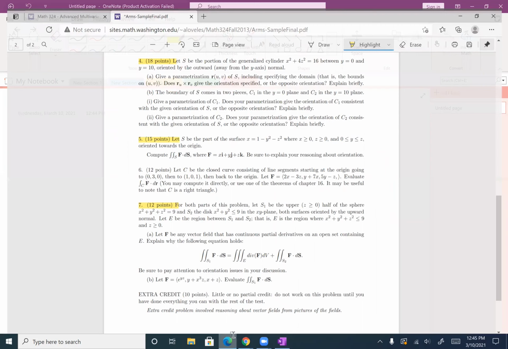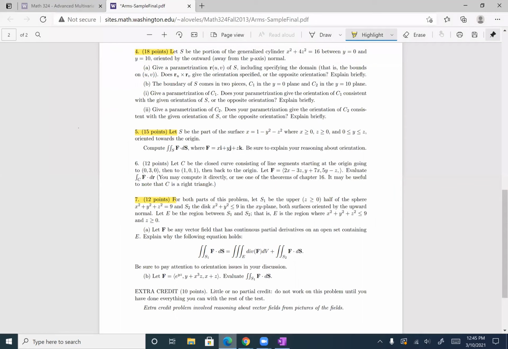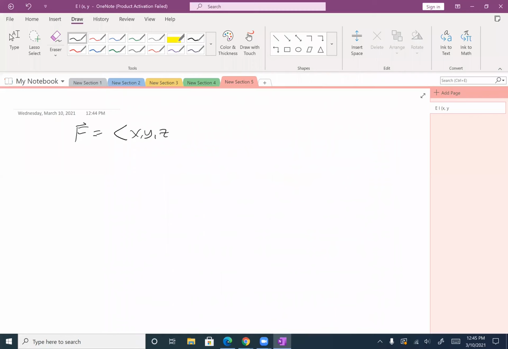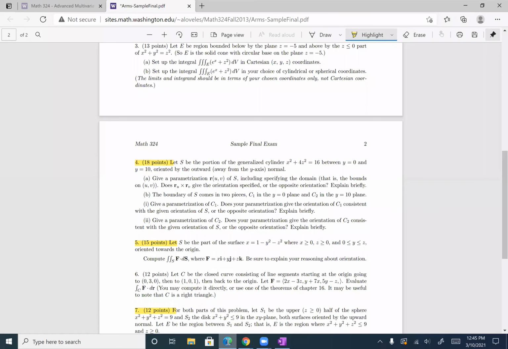Okay, the next one I want to talk about is number 5. Our f is given by x, y, z, and our s is given by a paraboloid.